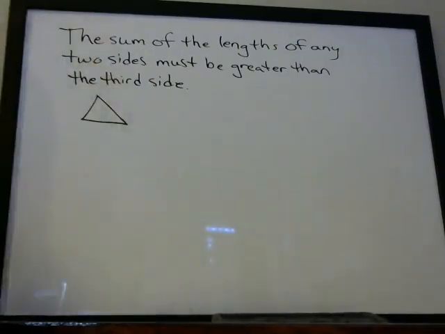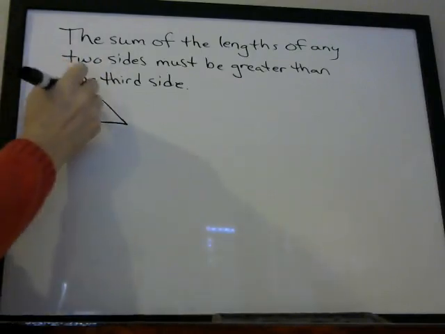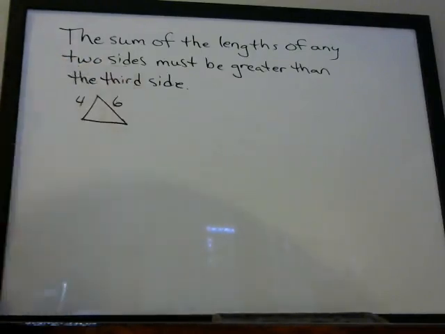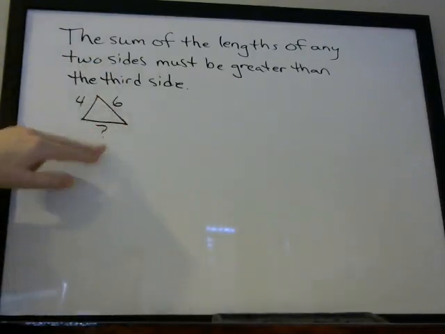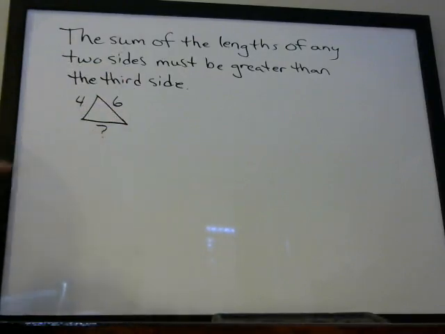If you have a triangle, for example, this side is 4, this side is 6, what length can this side be? And you'll see it can't be anything. It's going to be only certain numbers. So how do we figure this out?